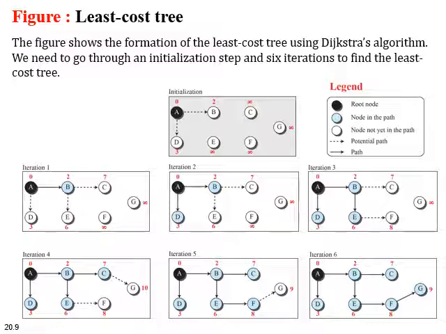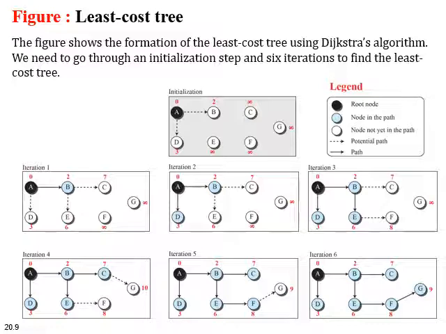A to F I can reach with a cost of 8, whereas via C the cost of reaching F will be somewhat costlier. So that's why I'm not considering this potential path. I'm considering the E to F path with a cost of 8. So therefore I am including F in my root tree now, and the cost of reaching F is 8.